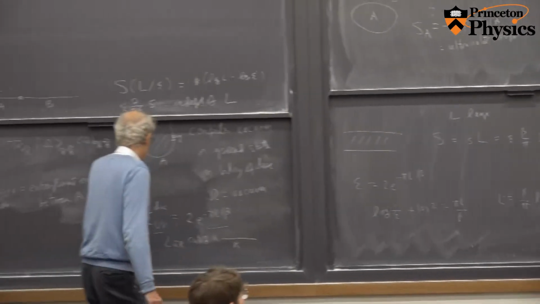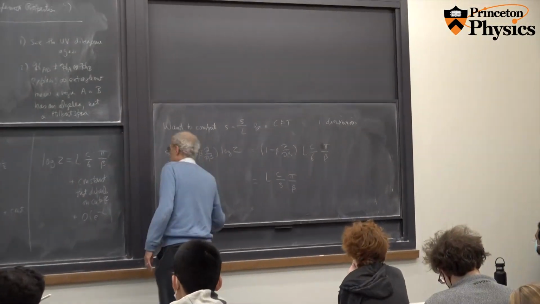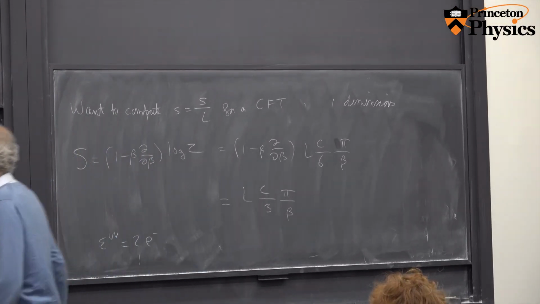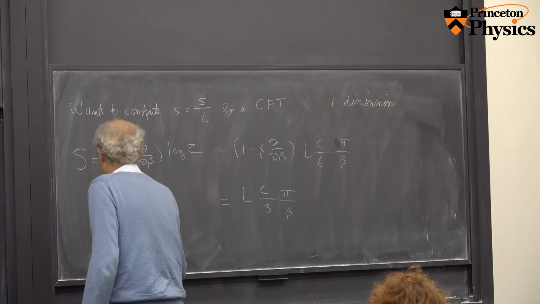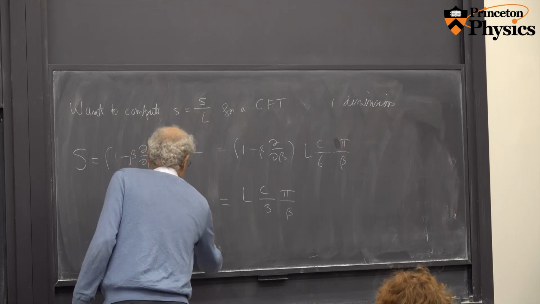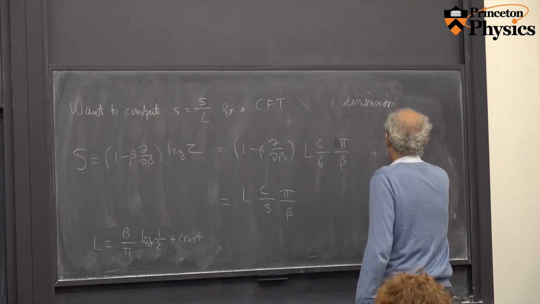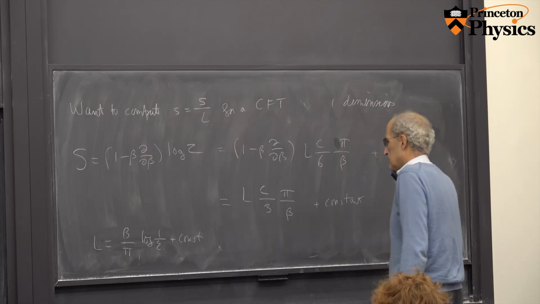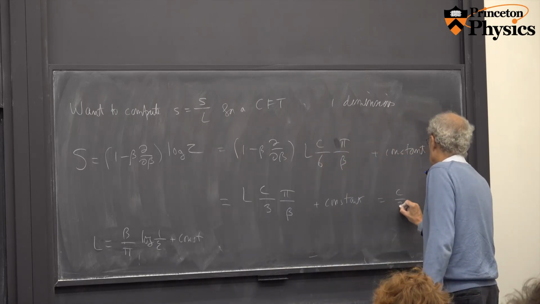Now if we just remember our formula for the ultraviolet cutoff, the relation between L and the UV cutoff was that L was beta over pi times the logarithm of 1 over epsilon plus a constant. All these formulas have constants in them. So now the beta over pi cancels the pi over beta, and we get c over 3 log 1 over epsilon.